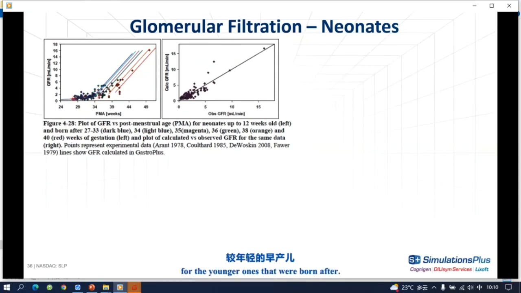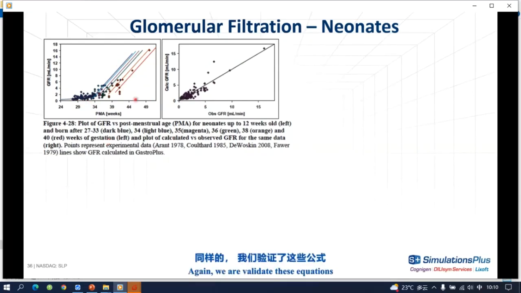For the younger ones that were born after just about 27 weeks, the GFR is first increasing at a very slow rate before it takes off. That is the time it needs to complete the nephrogenesis, so there is that additional complication.